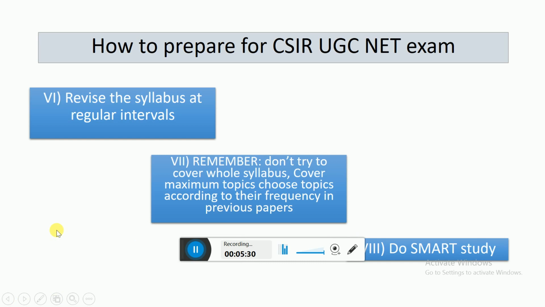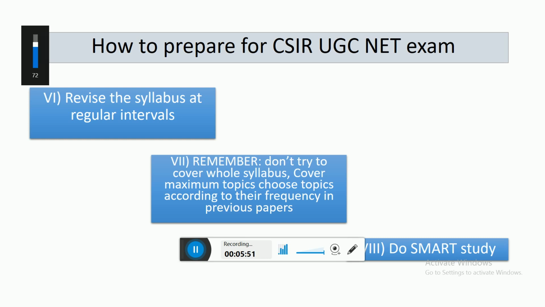Once you have started preparing the topics, you should always revise the prepared syllabus at regular intervals, so that you can memorize the facts behind the concepts for a longer time.